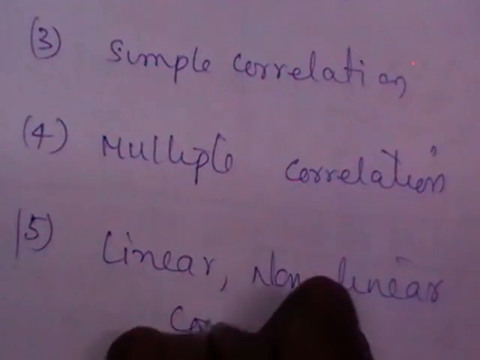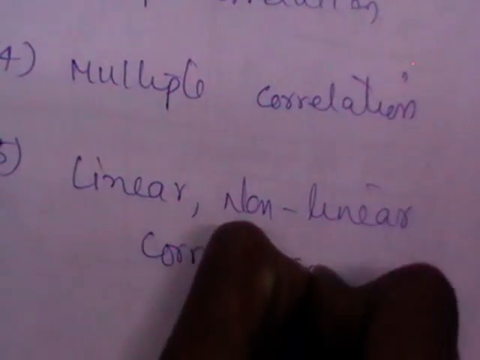These are the different types of correlation. Let us discuss all these one by one along with some examples.